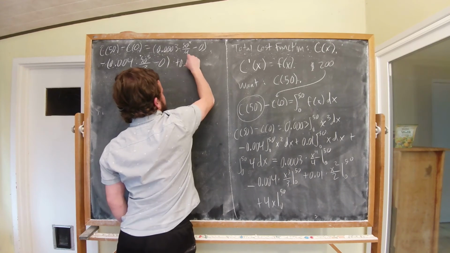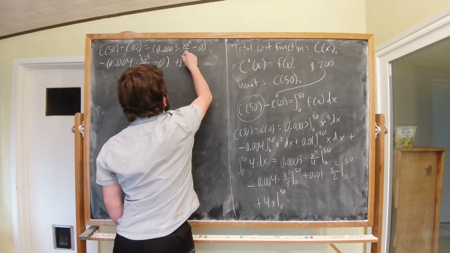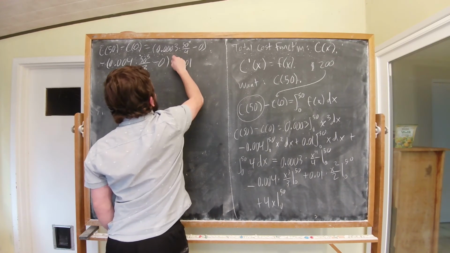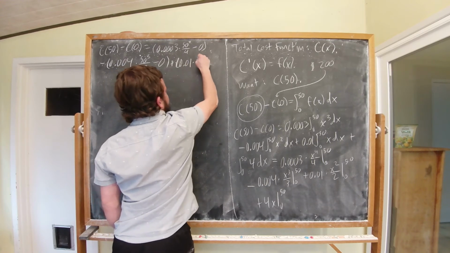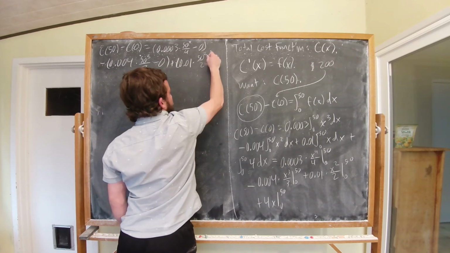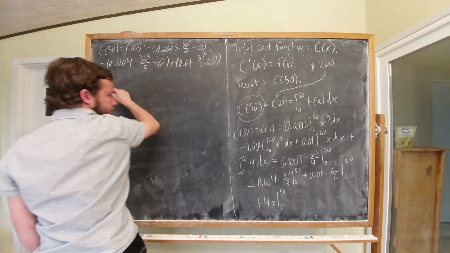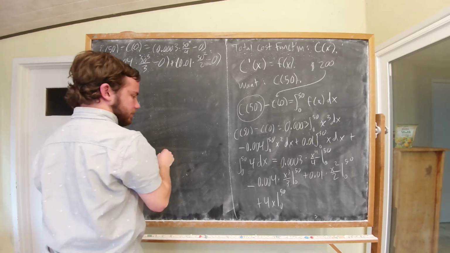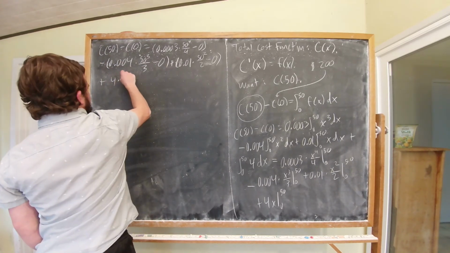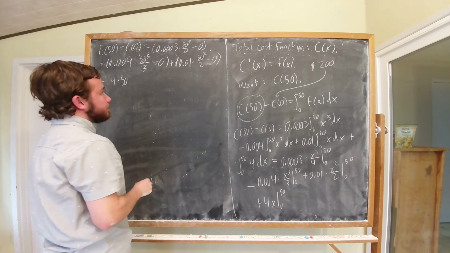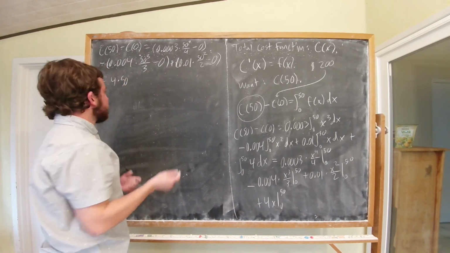Plus 0.01 times 50 squared over 2 minus 0, plus 4 times 50. All right.